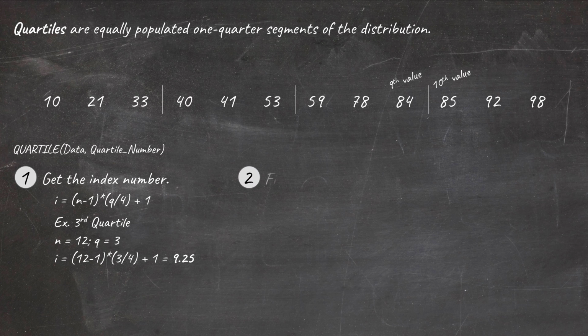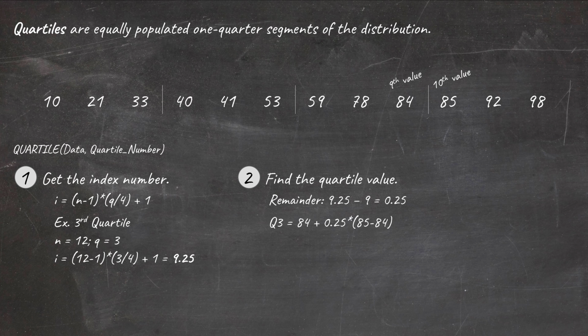To find our quartile value, we take the 9th value, 84, plus 0.25 times the 10th minus the 9th value, 85 minus 84. And that gives us 84.25. So the third quartile, or Q3, is 84.25.